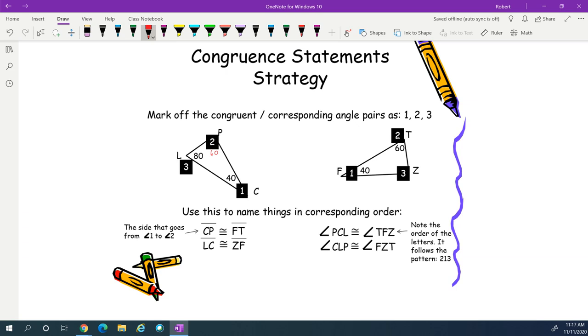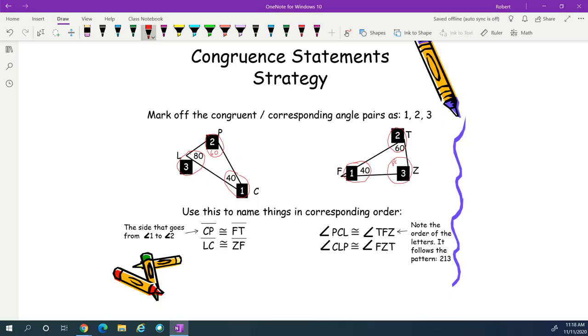So I did this 1, 2, and 3. Now I'm going to match that in the other triangle. The 40-degree angle is number 1. The 60-degree angle is number 2. The 80-degree angle is number 3.